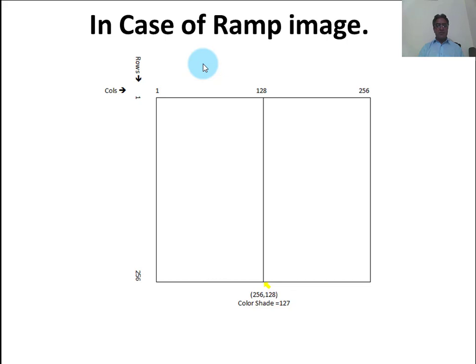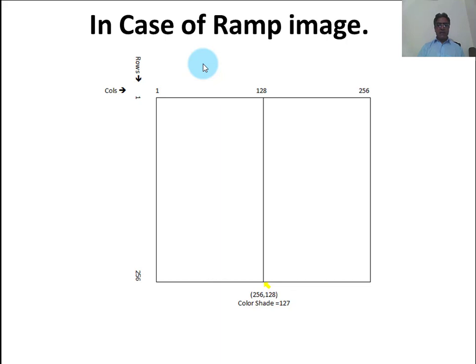Here we are constructing the ramp of gray levels. That is, gray level gradually increase their color shades from black 0 to high level, that is 255, which is white, and in between 0 and 255 there will be different shades of gray levels.